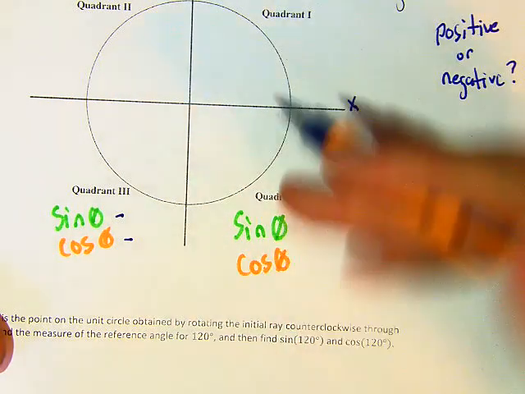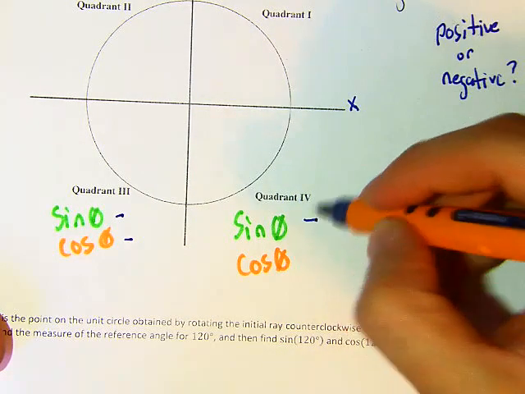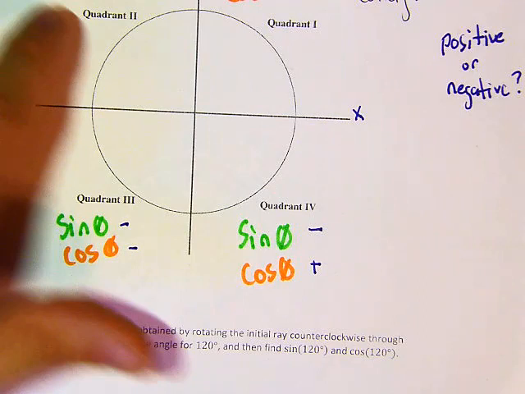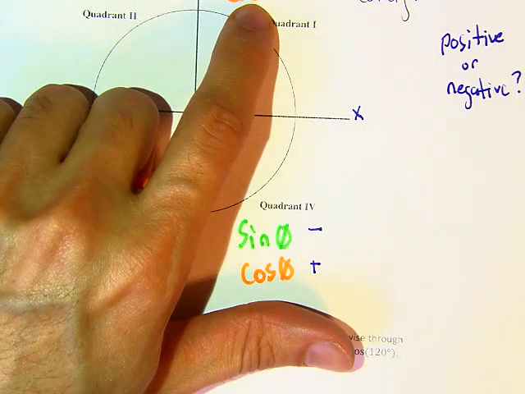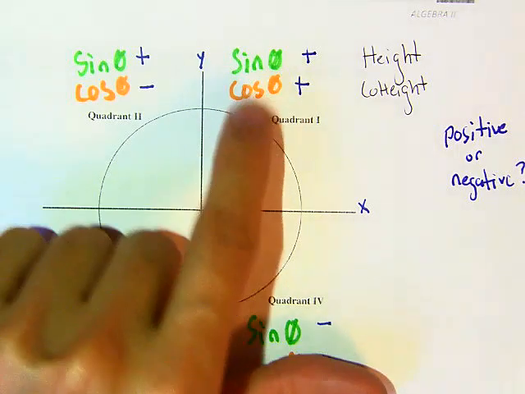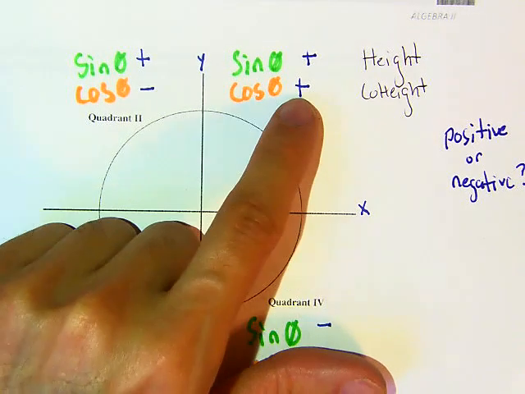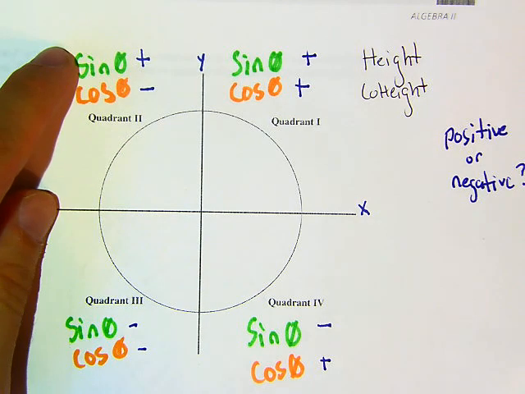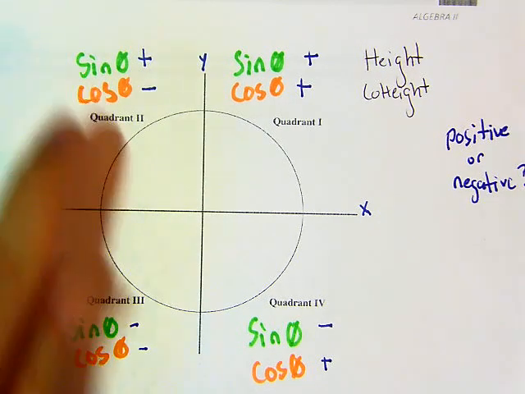Here, we're below the x-axis, this is negative. And here, we're to the right, so this is positive. So if you're in quadrant 1, you're positive and positive. If you're in quadrant 2, your sine is positive, but your cosine is negative.